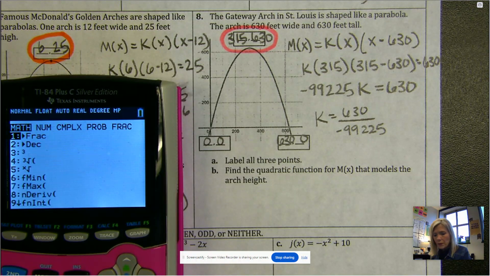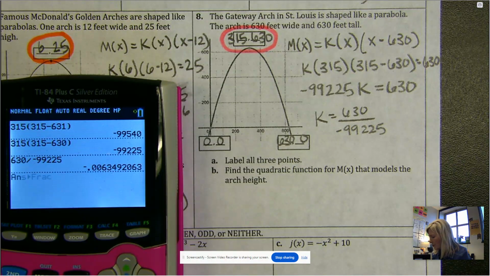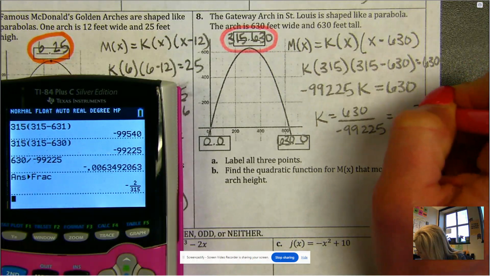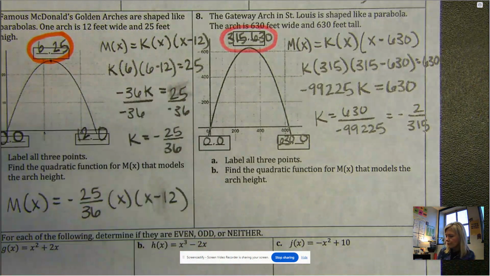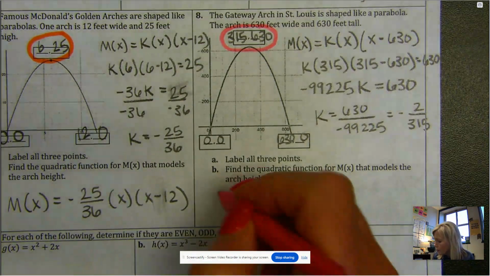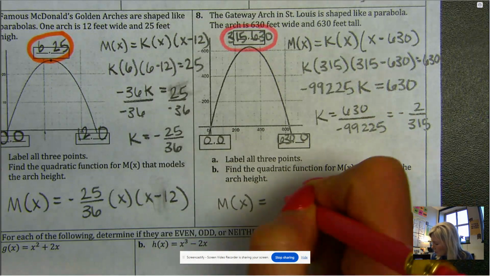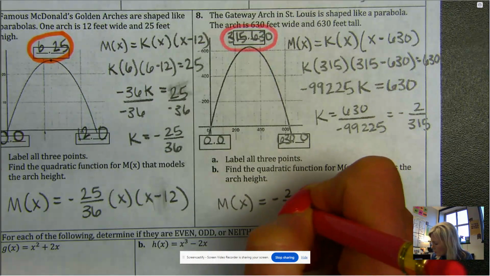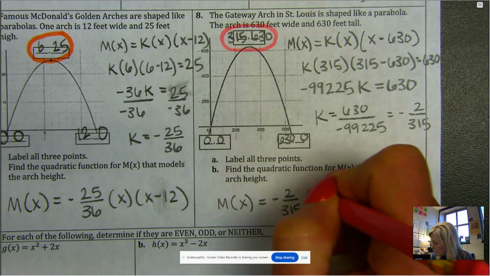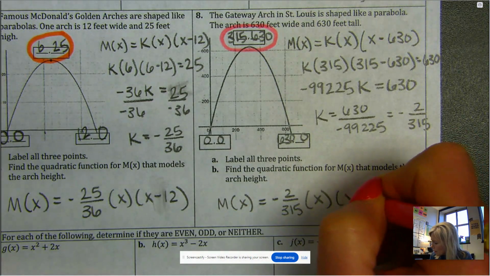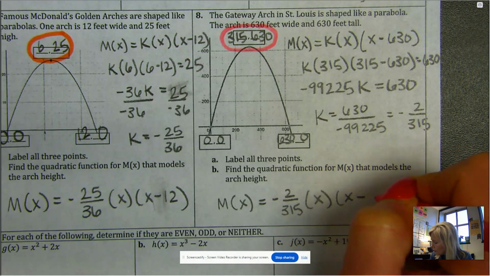So math, enter, enter, negative 2 over 315. Okay. So then the equation, m of x equals negative 2 over 315 times x minus 630.